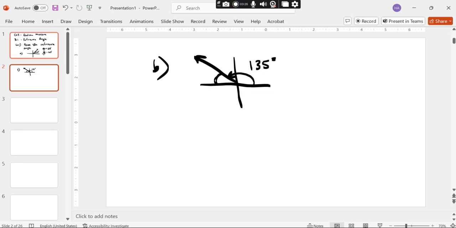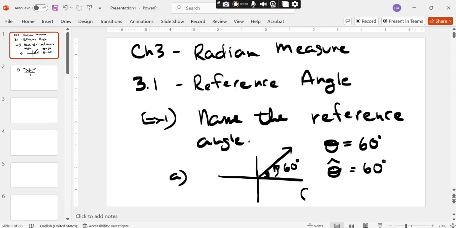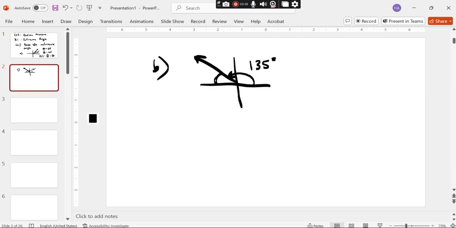So let's go back over here. One more thing. In quadrant 1, the reference angle is the exact same thing as the angle. Cool. We go to quadrant 2. If I'm at 135 degrees, how much more do I need to get to 180? I need 45 degrees more.